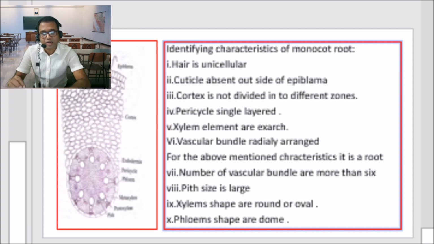The xylem shape is round or oval. The shape of the xylem, protoxylem and metaxylem, is round or oval, and phloem shapes are dome shape. Here we can see the phloem between two xylem bundles, and the shape of the phloem is dome shape.